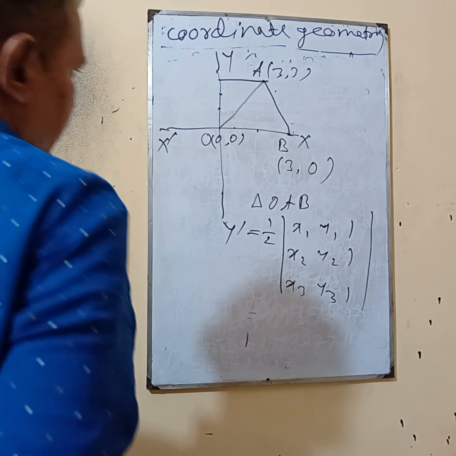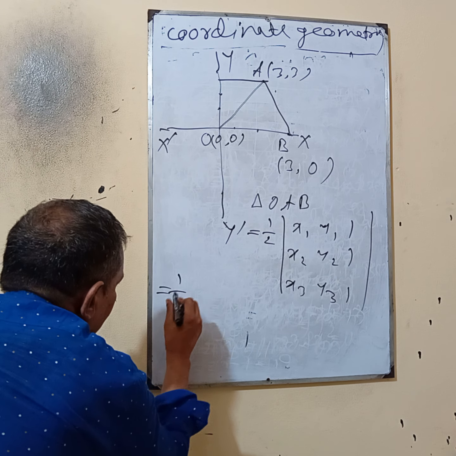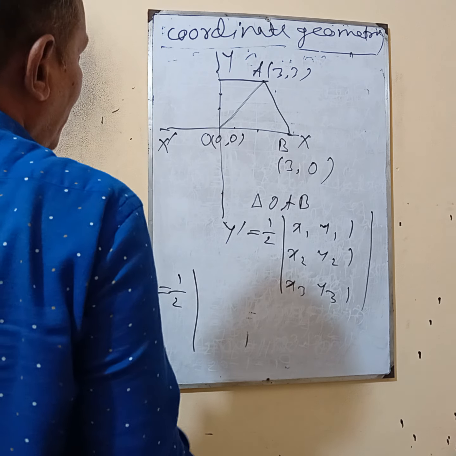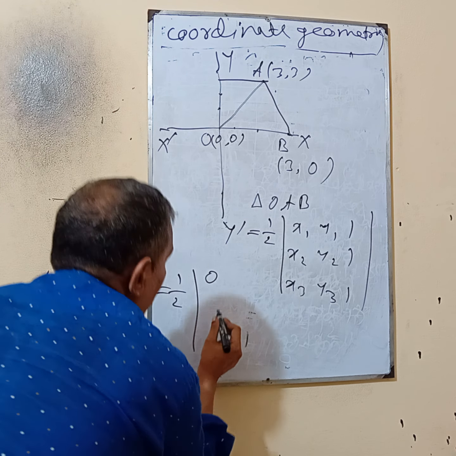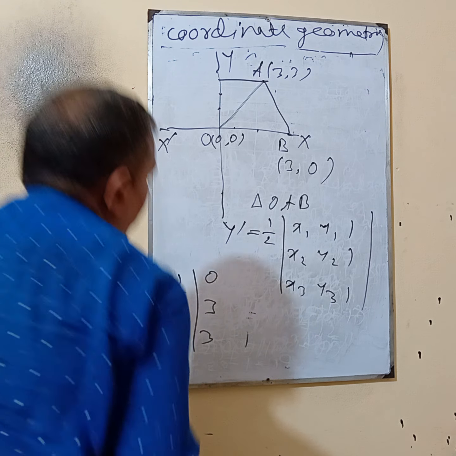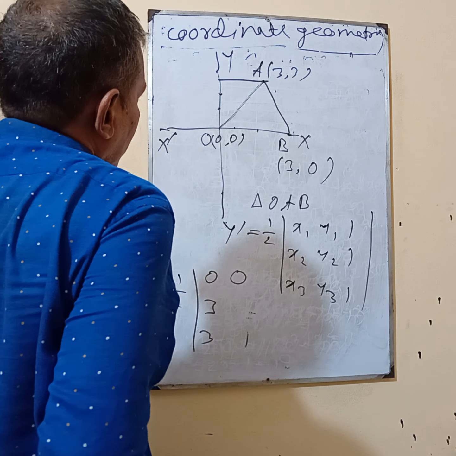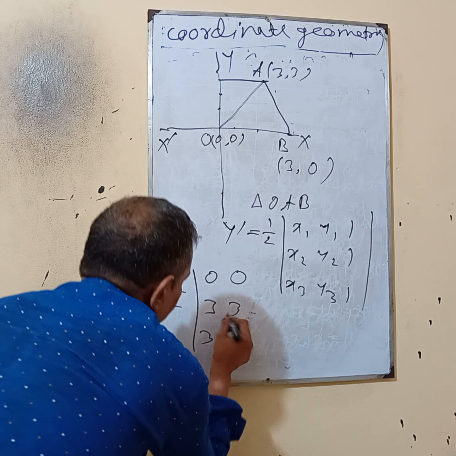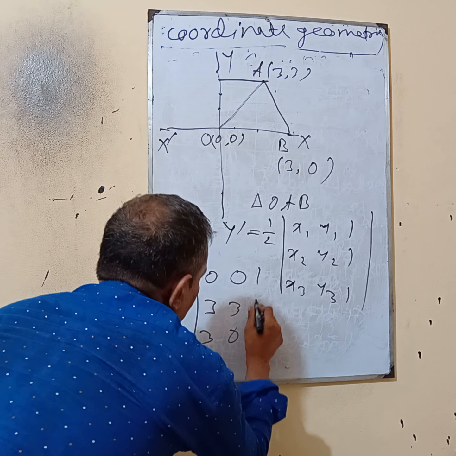Now x1 is equal to 0, x2 is equal to 3 and x3 is equal to 3. y1 is equal to 0, y2 is equal to 3 and y3 is equal to 0, and the last column is 1, 1, 1.